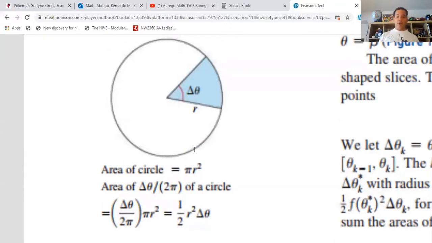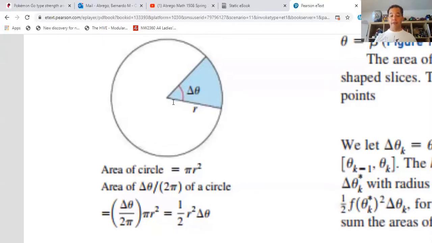If you have a circle of radius r and you have an angle delta theta, what is the area of that sector? And it's really easy. The only thing you need to do is to divide what proportion you are cutting, right? So if your angle is 2 pi, if you have everything, the area is pi r squared.